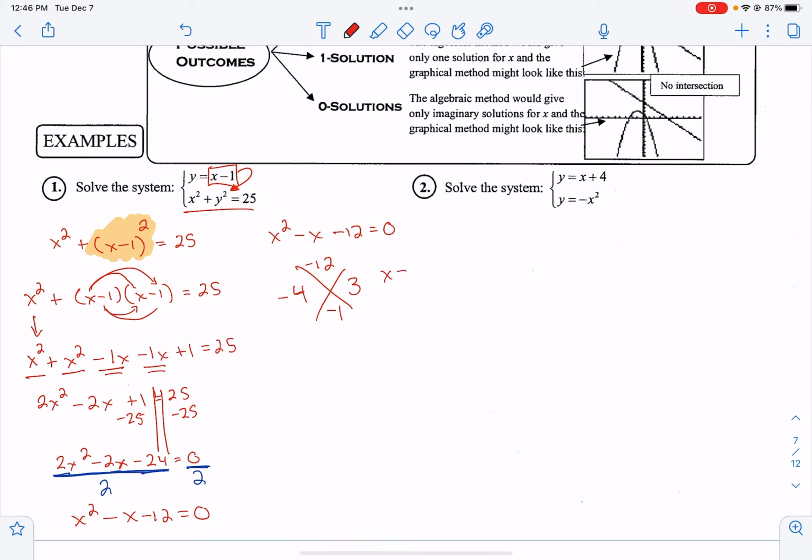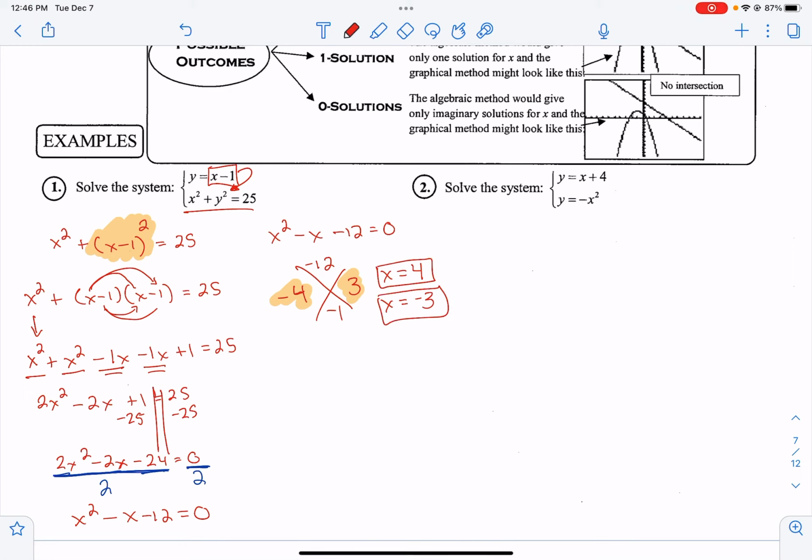One of my x's is going to be a positive 4. My other x is going to be a negative 3. Right? I just take the opposite of my big X values and it gives me my little x values. So x plus 4 and x minus 3, x equals positive 4 and x equals negative 3.